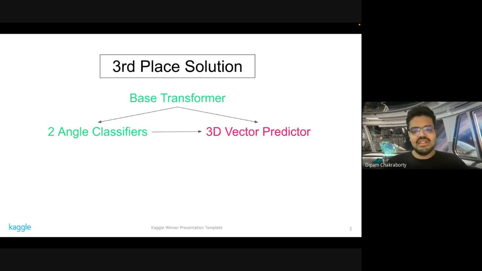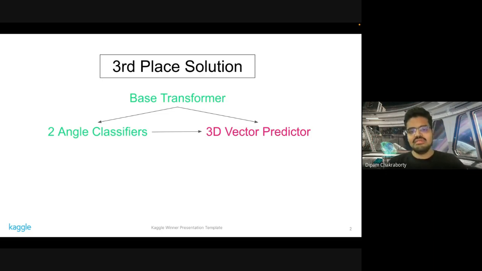Interestingly, if I use the von Mises loss, which is basically predicting a 3D vector and using that to get the angles, that was way more unstable with the transformer.